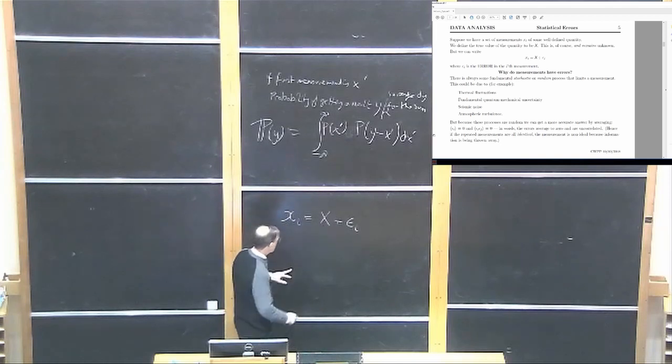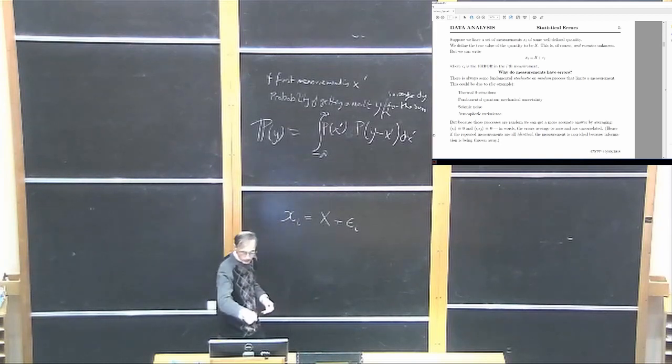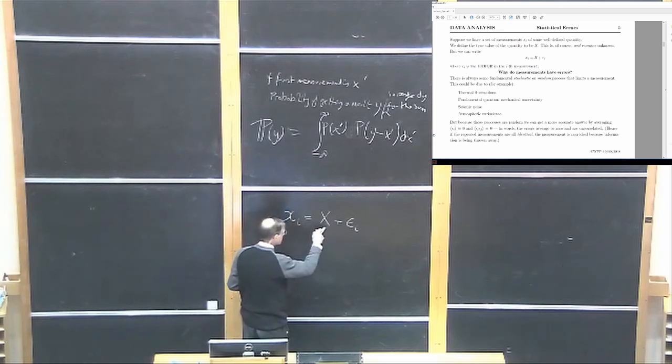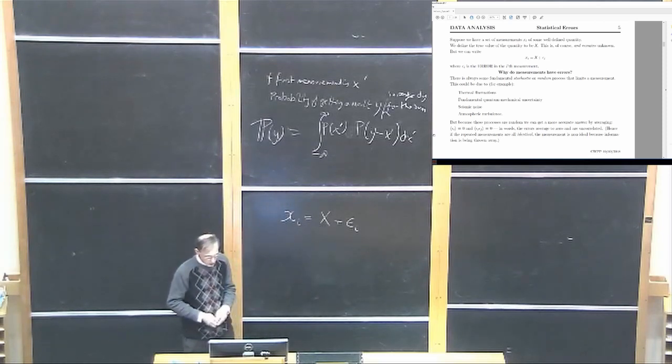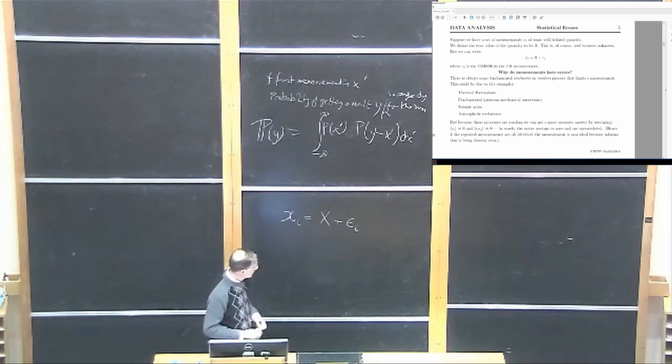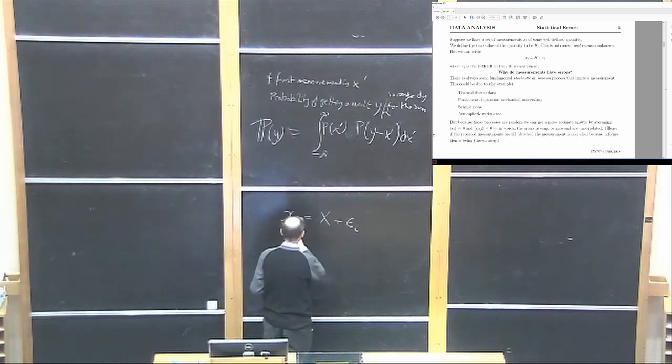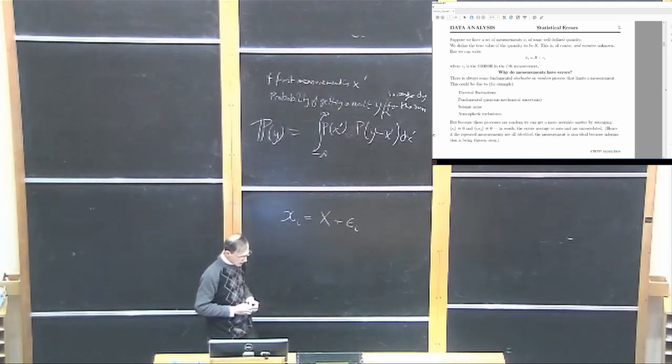And so that's why I'm using a different font to display it. It's not just a capital letter, it's a sans serif letter which I'm using to denote some kind of inaccessibility of it. So why is this happening, that when you do the measurement twice you get different answers?